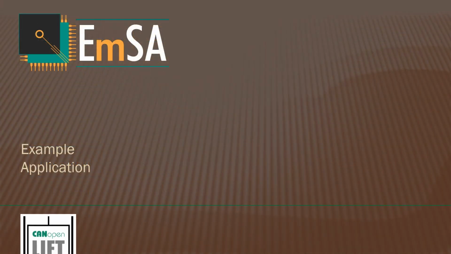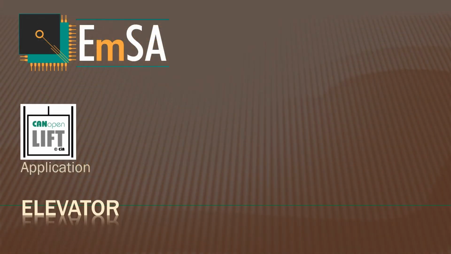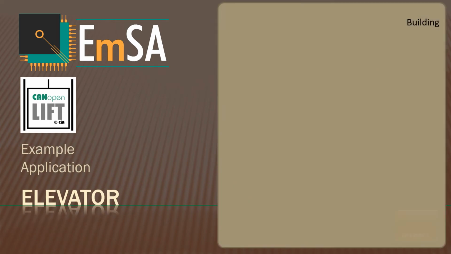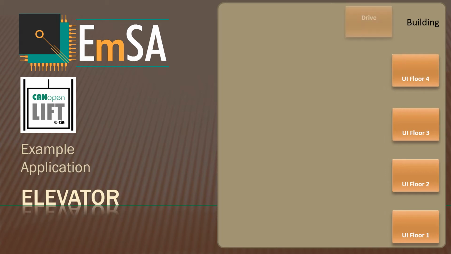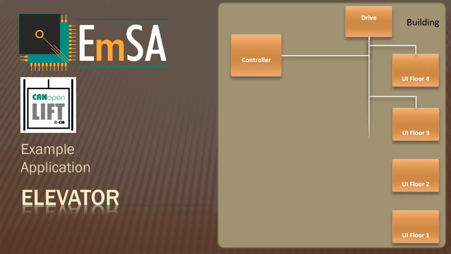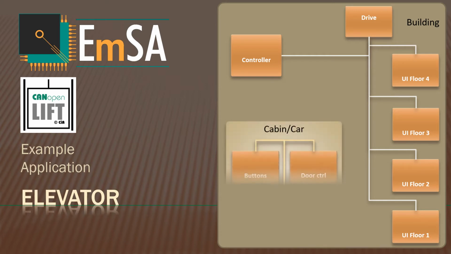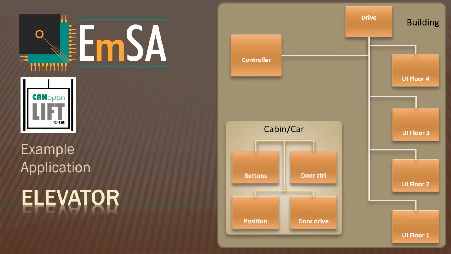To have a real-world example, let's look at an elevator, a lift system. So we have a building with multiple floors. On each floor, a user interface. Somewhere there's the drive to bring the cabin or car up and down the shaft. We have a controller. Then the cabin itself with some buttons, door control, another motor to open and shut the door.